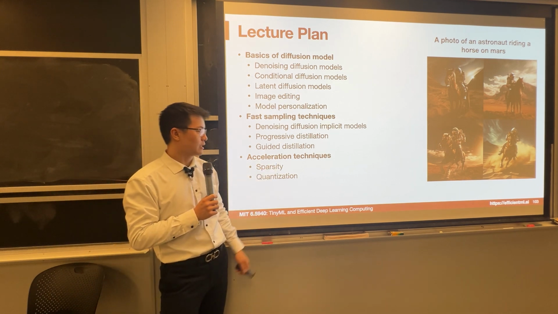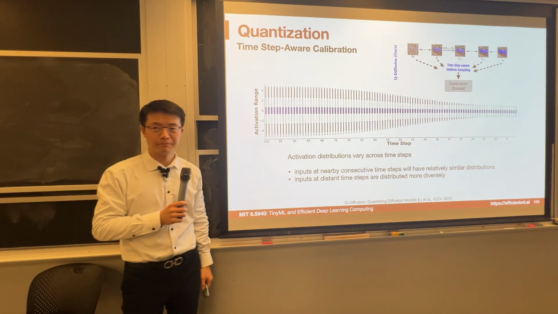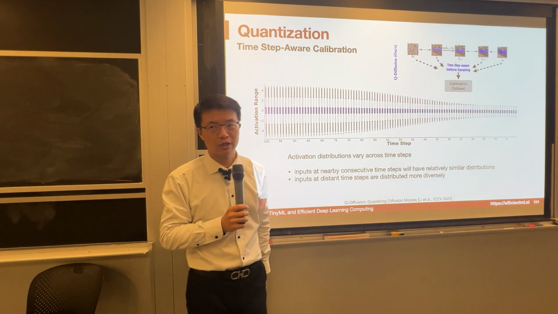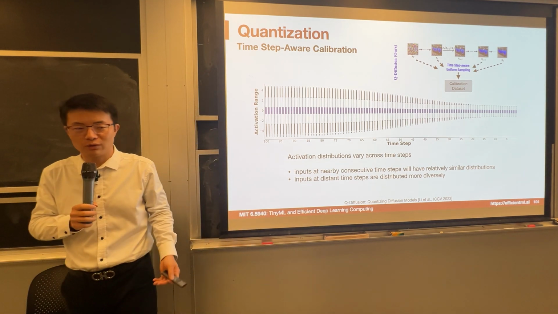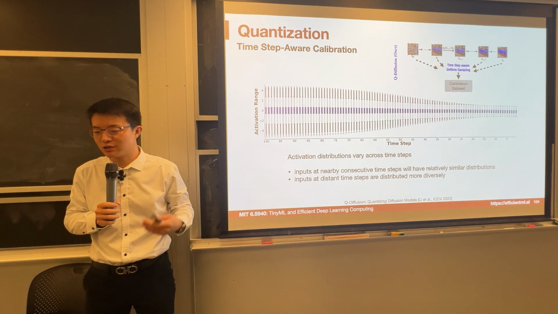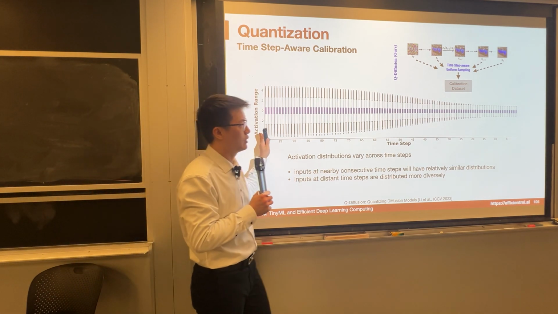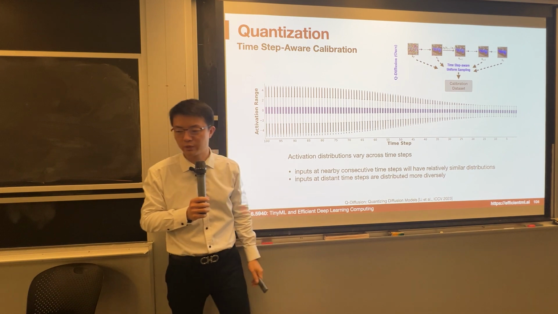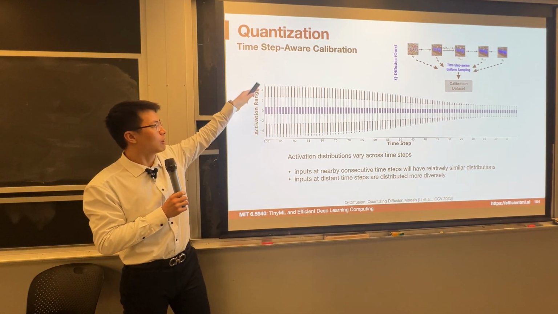So, acceleration techniques by using quantization. What is different here? Originally, when we are doing quantization, there's no concept of time step. You have only one time step, like when you are doing classification, segmentation, detection, etc. But now, across different time steps, when we plot the range of the activation, they actually differ a lot.